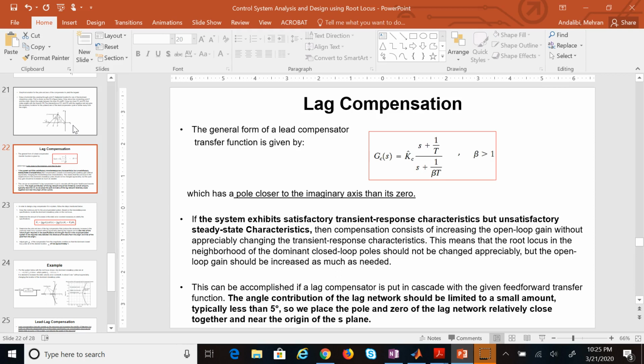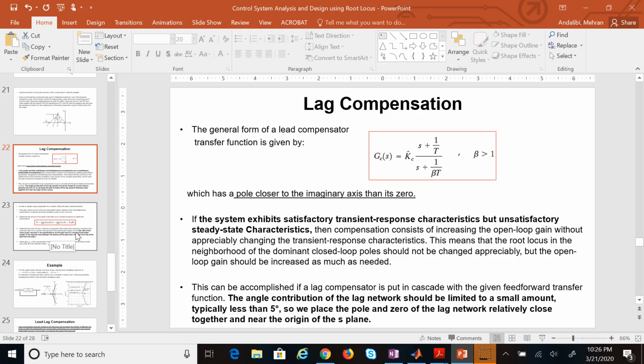So a lead compensator can take care of the speed of the response and the overshoot. But again, it does not have much effect on the steady state error.